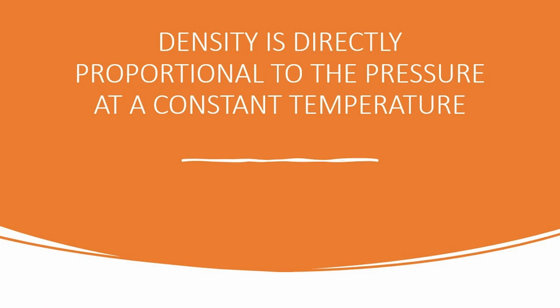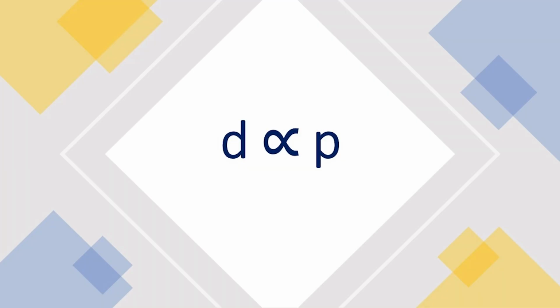So what is the relationship between density and pressure? Yes, density is directly proportional to pressure at a constant temperature. So we can conclude that density is directly proportional to pressure.